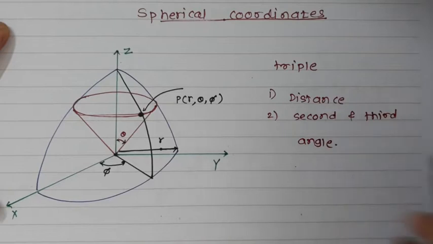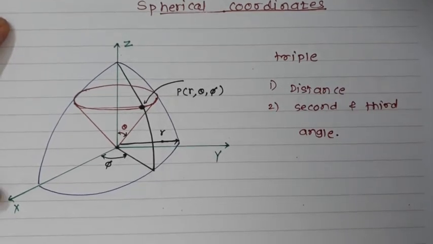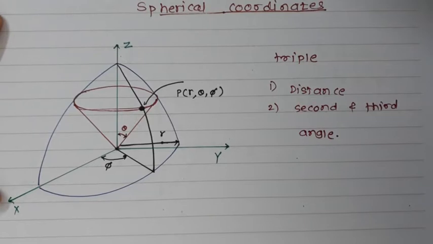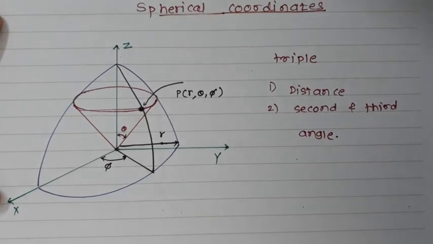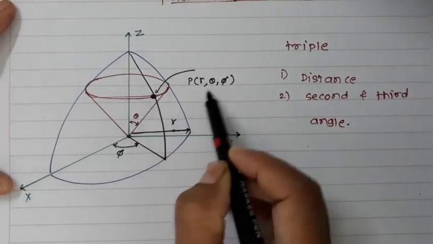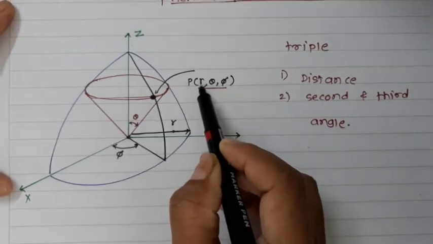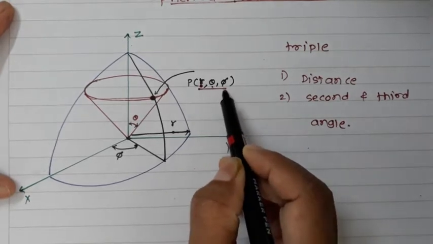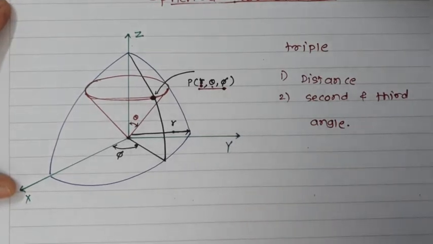This is the triple in which you are going to represent your system. This system is similar to the latitude-longitude system used to identify points on the surface of the earth. So we are talking about the point P, and this point will be represented as a triple. The first shows the distance, that is r. Theta and phi show you the angles.